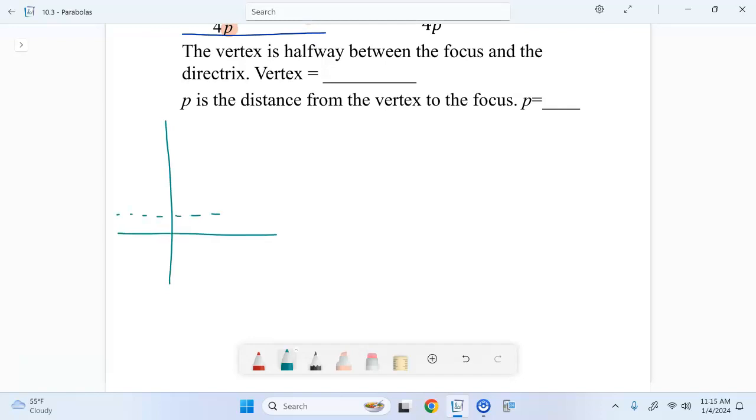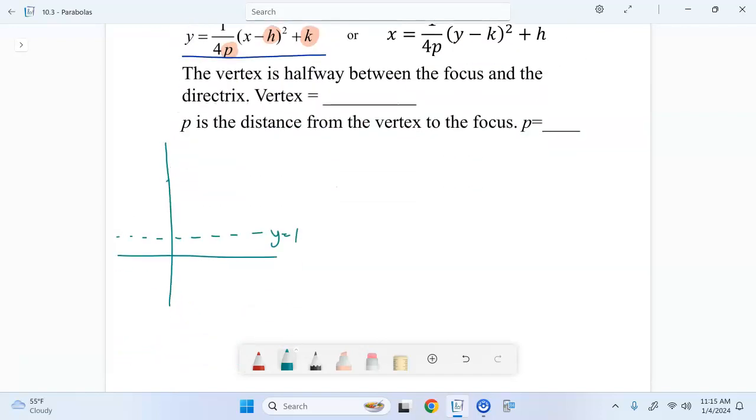So at y equals 1, we've got our directrix, and then 0,5 is our focus. And we know our vertex is going to be right smack in the middle, right here. What point is directly in the middle between the focus and the directrix?